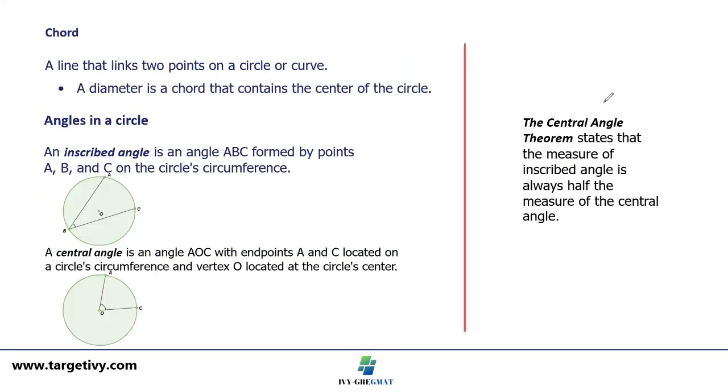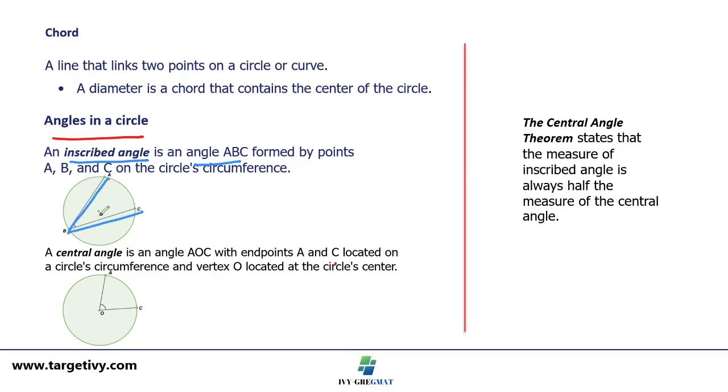Chord. We know a line that links 2 points on a circle. But with that comes a new chapter, the angles in a circle. An inscribed angle is an angle ABC formed by points A, B, C on the circle.